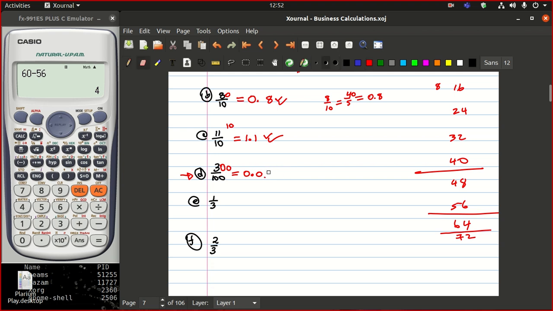Let me restart. I'm not really getting the question, but I will try and see if maybe by just responding I will be answering your question. So what we are saying here in number D is this. So the first thing that you ask yourself here is this: how many hundreds are contained in 3? Can you take 100 out of a 3?